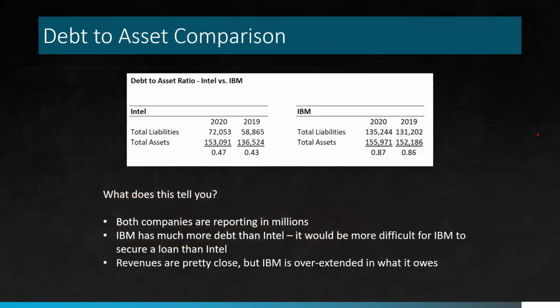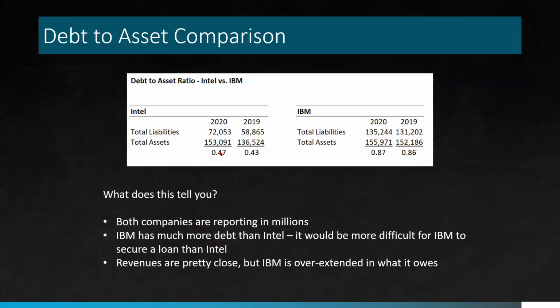On this screen, that's exactly what we're going to do. We're going to look at Intel versus IBM and their debt to asset ratio. Both of these companies are reporting in millions, and we're comparing the same years. But as you can see, Intel has a lower debt to asset ratio than IBM.